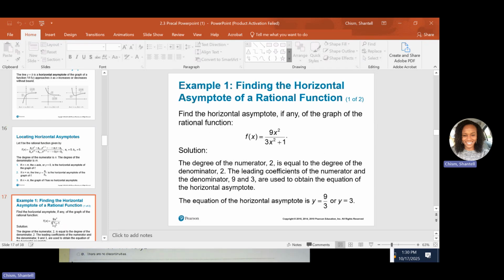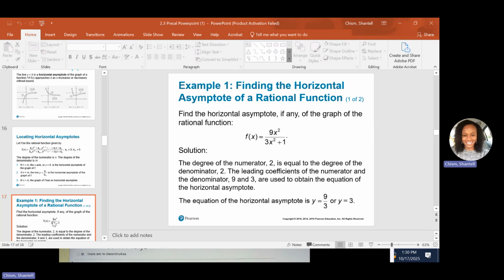This example says find the horizontal asymptote, if any, of the graph of the rational function. So take a look. You've got 9x squared over 3x squared plus 1. To find the horizontal asymptote, take a look at the degree of both the top and the bottom. They have the same degree. The degree of the numerator is 2, and it is equal to the degree of the denominator, which is 2 as well.